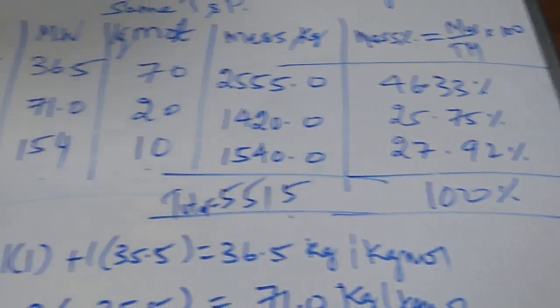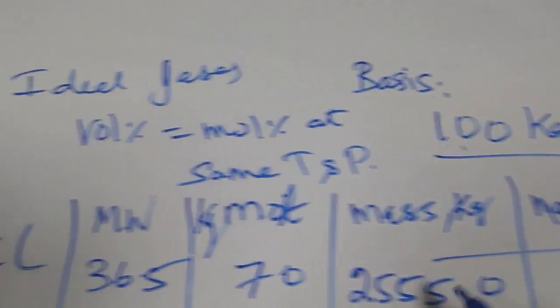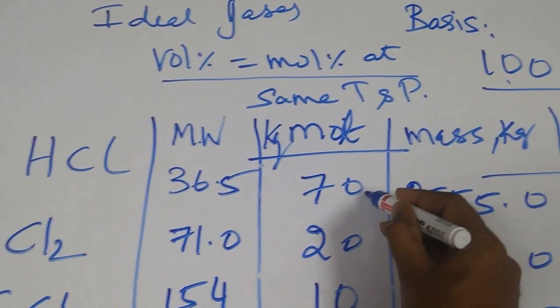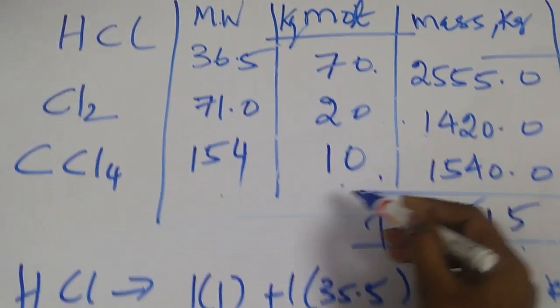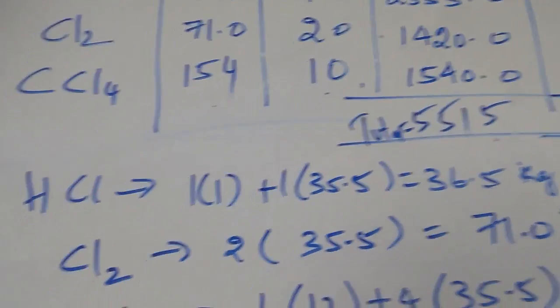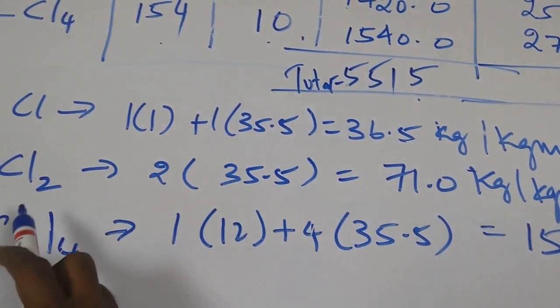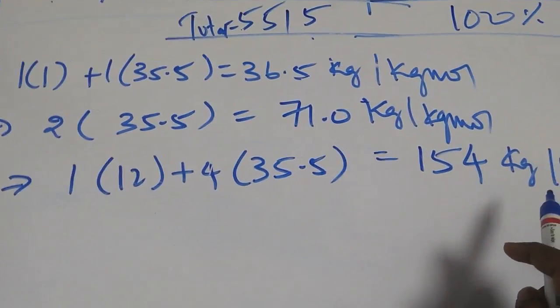Okay, so what we have done? We have taken a basis of 100 kg moles. Volume percent is equal to mole percent. Therefore, kg moles of HCl is 70, chlorine 20, carbon tetrachloride 10. Molecular weight of HCl is 36.5, chlorine is 71, carbon tetrachloride is 154.